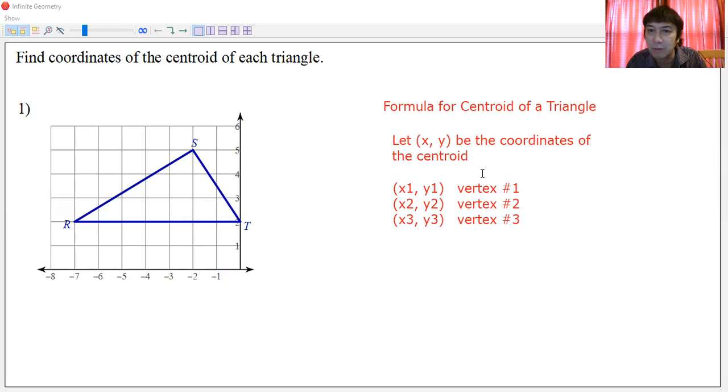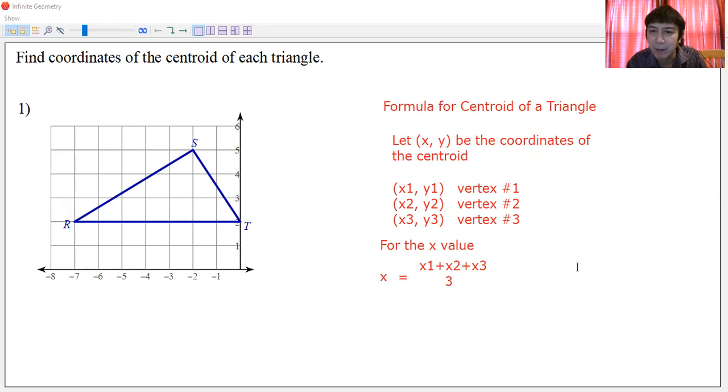So the coordinates of the centroid. For the x value, this is the formula: x equals x1 plus x2 plus x3, and this is to be divided by 3.